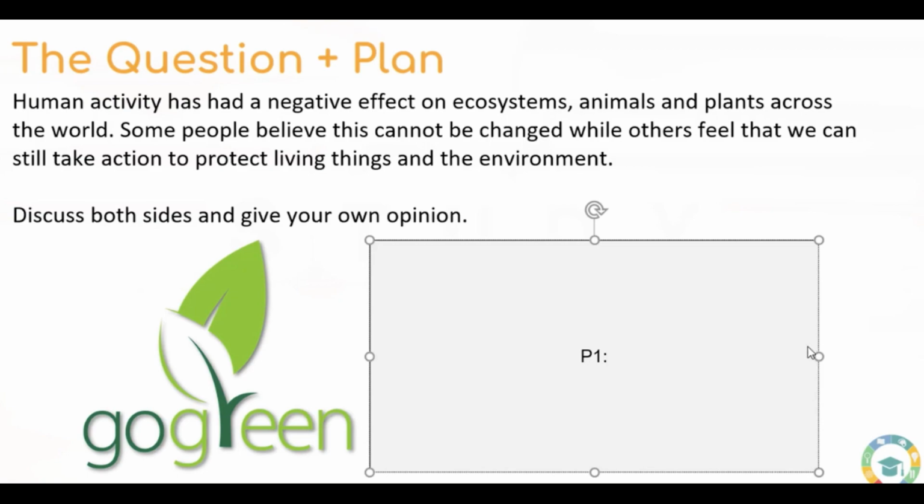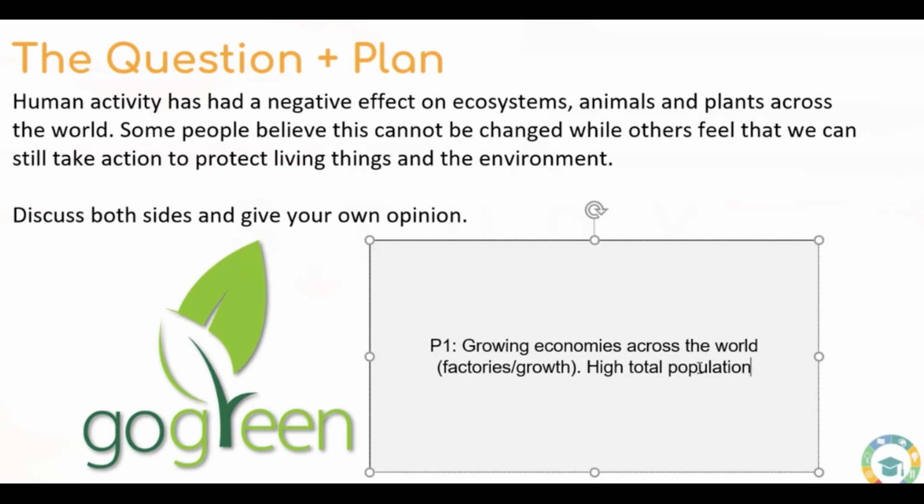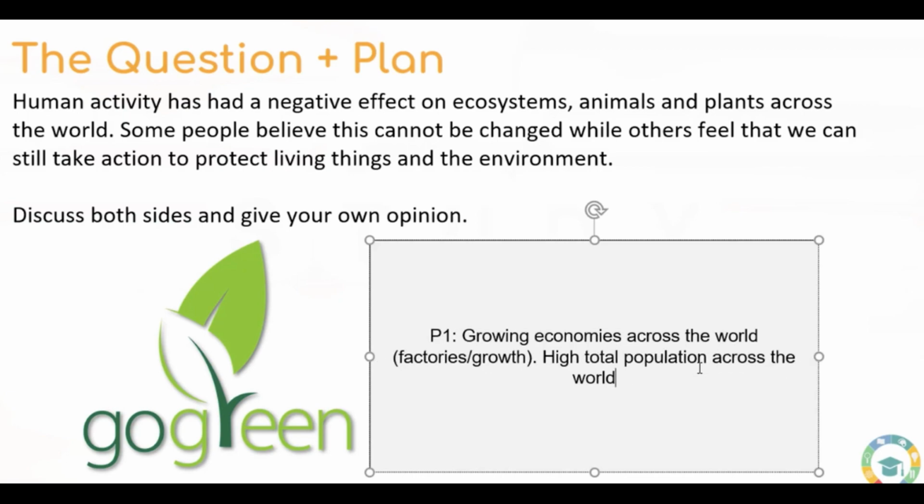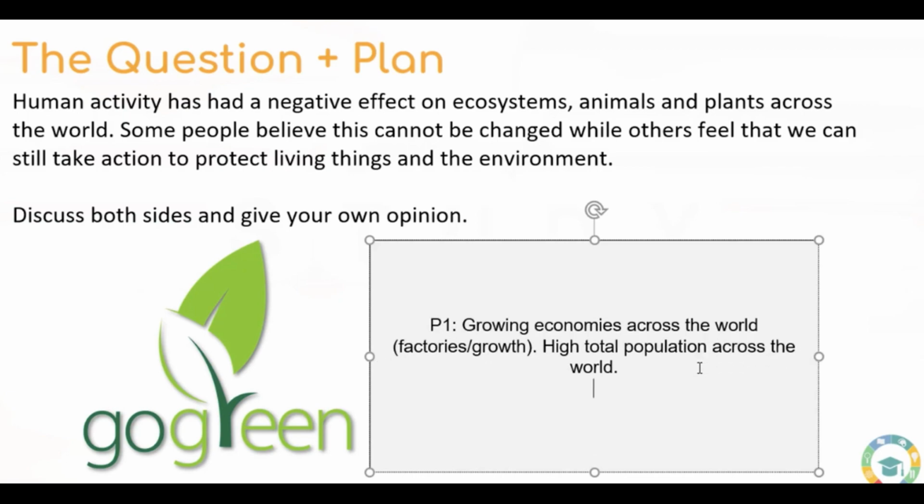I think first I will talk about growing economies across the world. Factories and growth, that kind of thing. My second point would be to say the high total population across the world, which makes it difficult to control how we protect the environment.